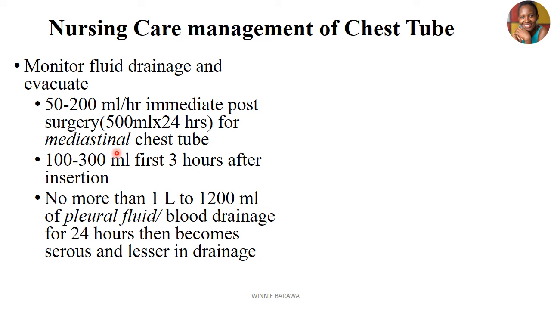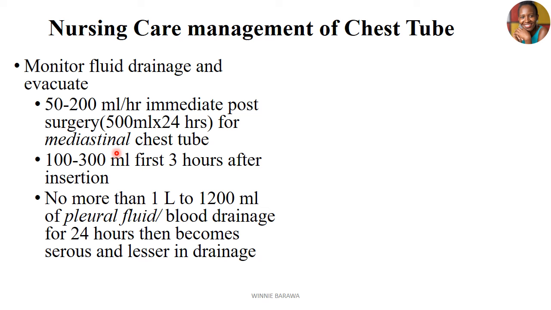But again, as you keep on monitoring, after 24 hours the fluid amount is supposed to reduce, and you can have more like 1 liter to 1.2 liters of fluids if you're draining. That is after 24 hours. And this amount will keep becoming more serous and less as the drainage keeps on. But the large amount of fluids are drained in the first 24 hours.